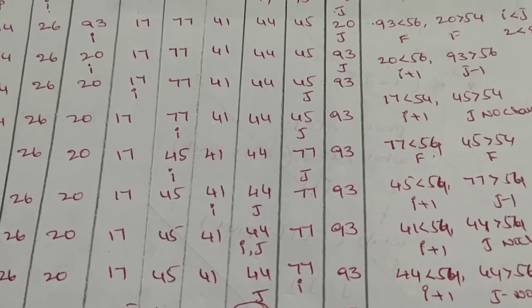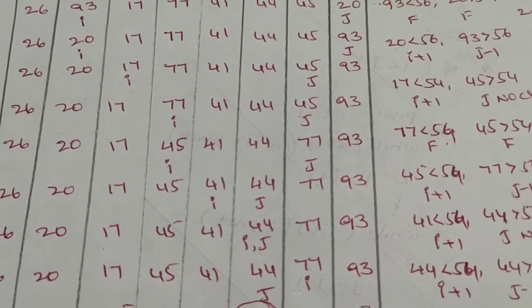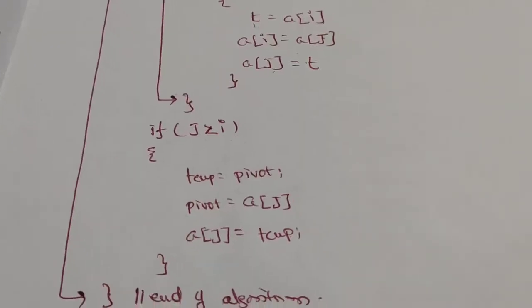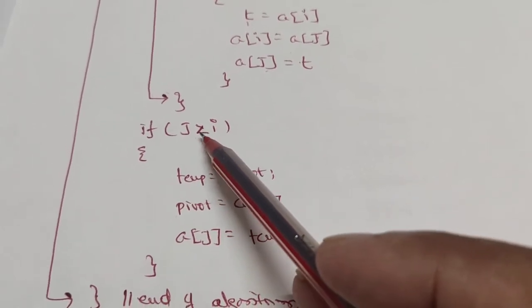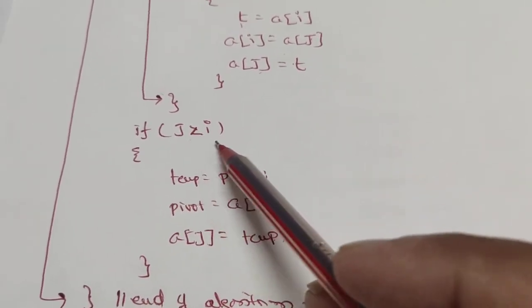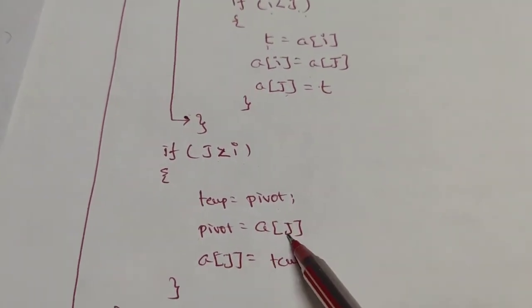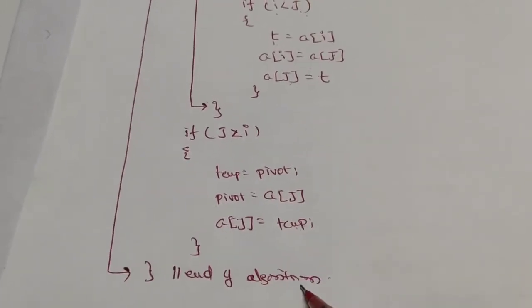Here j is less than i. What are we going to do? When j is less than i, we place the pivot element between these two elements. Hence, to place the pivot element, consider temp equals pivot, pivot equals a of j, and a of j equals temp. So this is the end of the algorithm.